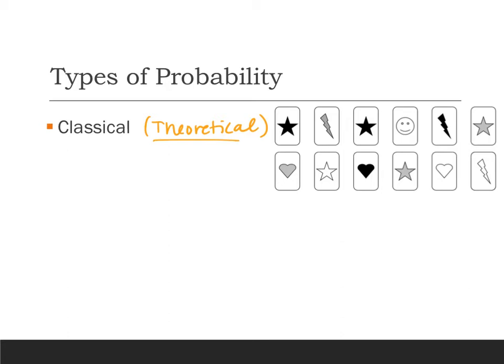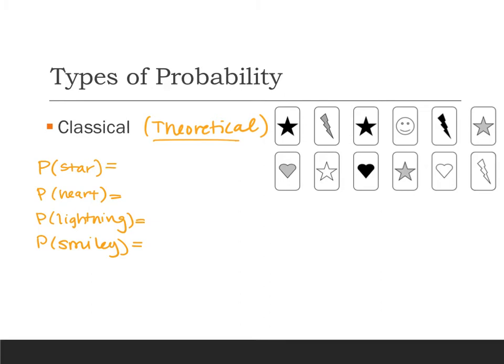Now, if I look at the probability of getting a star, the probability of getting a heart, the probability of getting a lightning, and the probability of getting a smiley, well, let's see.